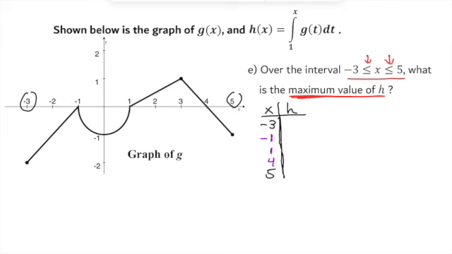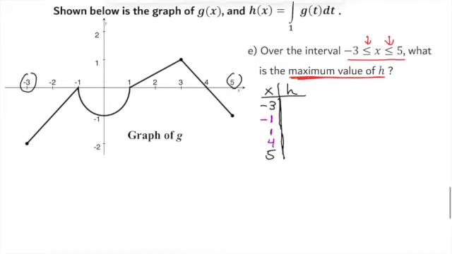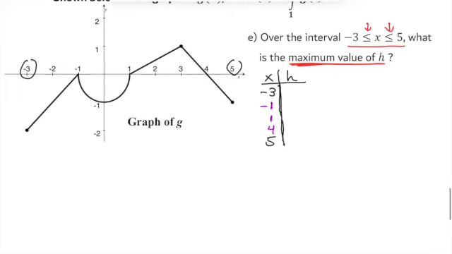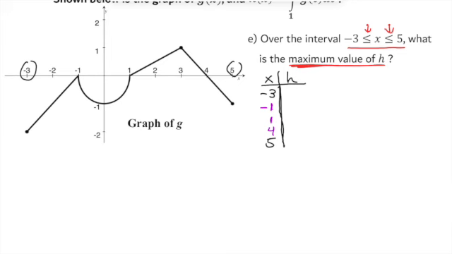This is sometimes a time-consuming part of the problem. So you want to at least be ready for it and know what to do to save your time for actually doing it. So h of -3, finding h's value at -3 is following that definite integral rule that you're going from 1 to -3.